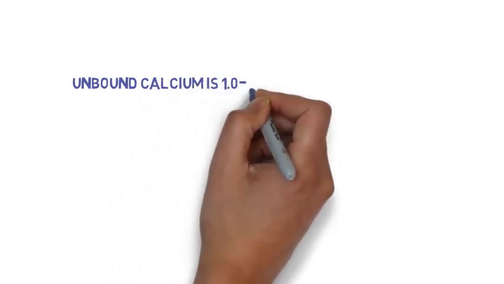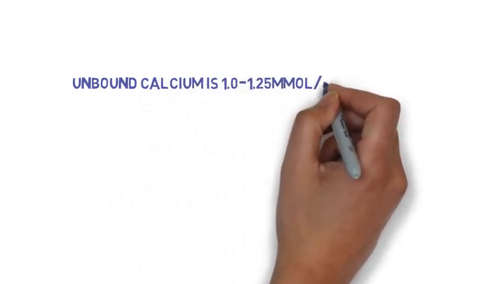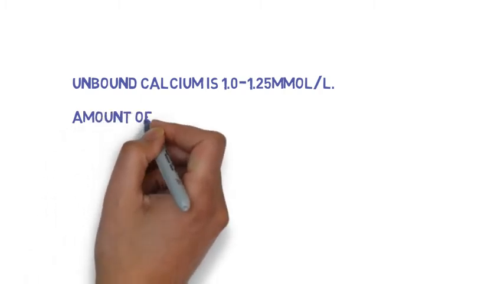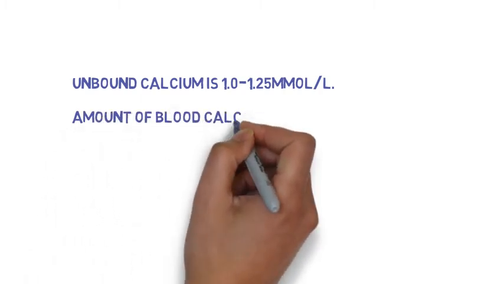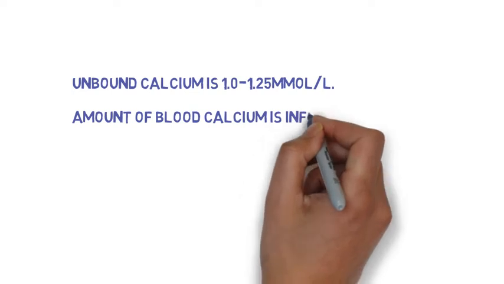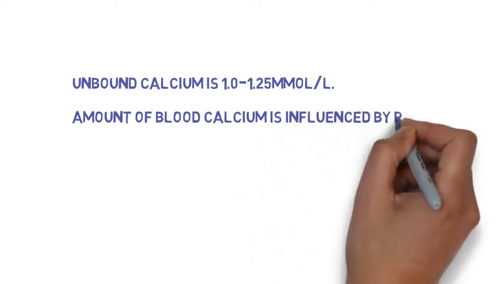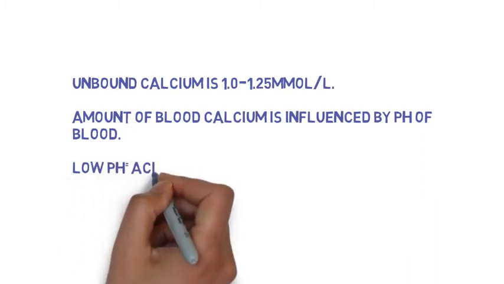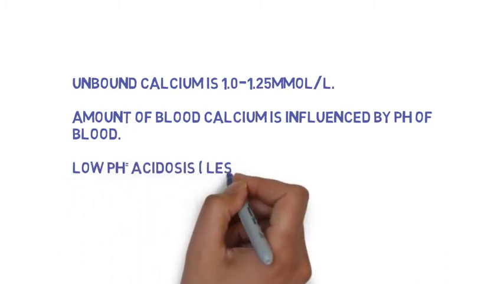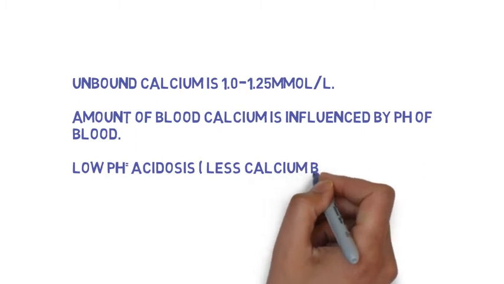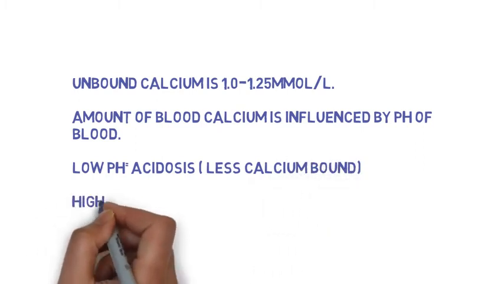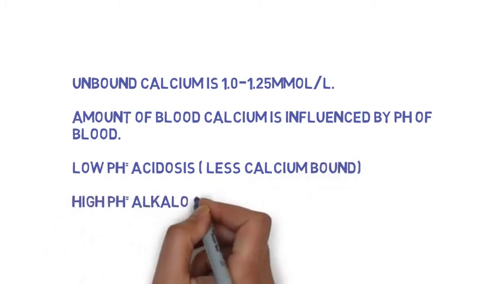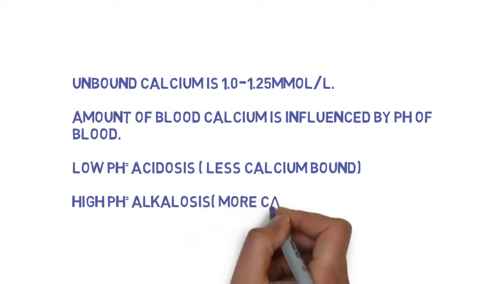And the normal amount of the ionized serum calcium is 1 to 1.25 millimoles per liter. And the amount of bound calcium in the blood is important because it is influenced by the pH of the blood. In low pH, less calcium will be bound to albumin, and in high pH, more will be bound.